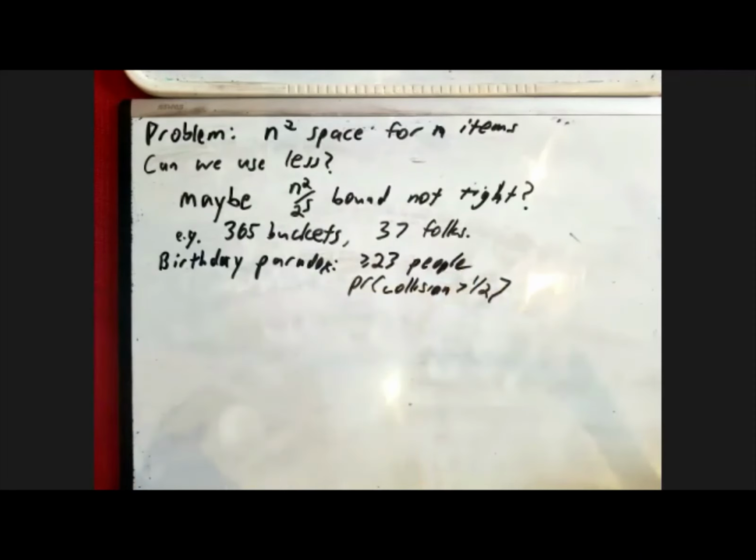And by the time you get to 37 people, it's very large. This n squared over 2s is pretty tight, actually.